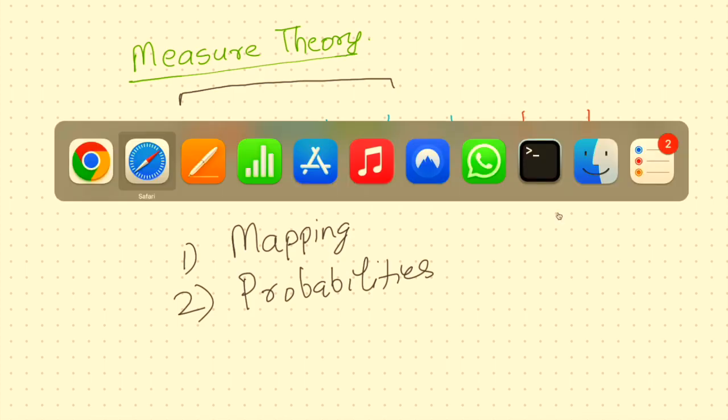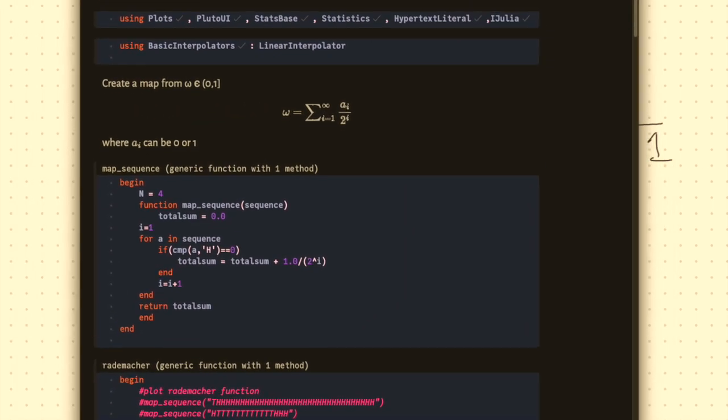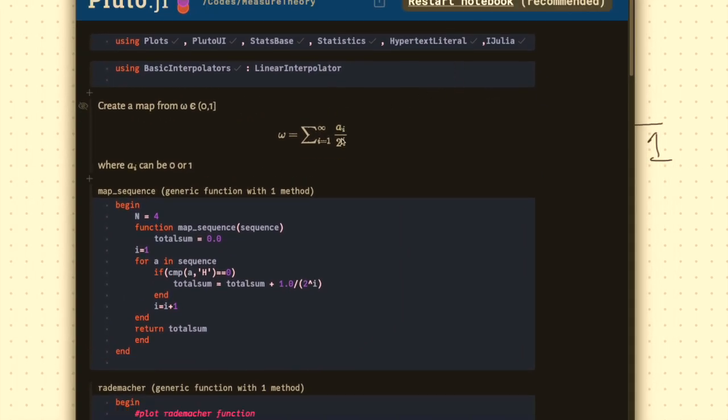So, anyway, before this becomes about symbols, I will try to move into the coding part and share how things work. So last time, I think we were doing something like this in Julia, which was mapping any of the sequence here into this omega, which is between 0 and 1. So basically, you could map heads to 0.5 or any sequence to a number. You can revisit the previous video to check it out.